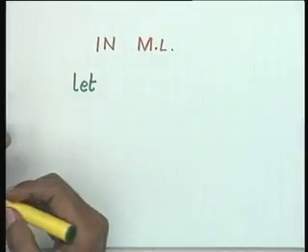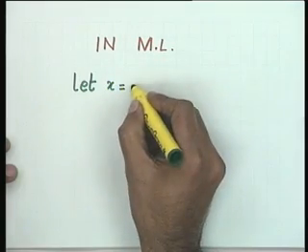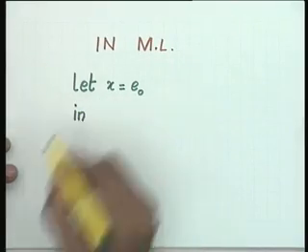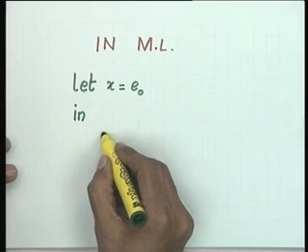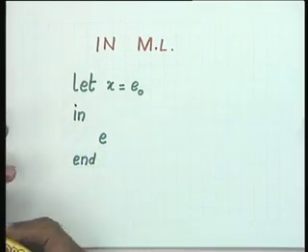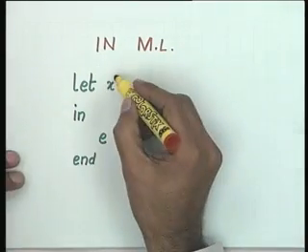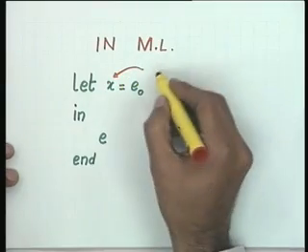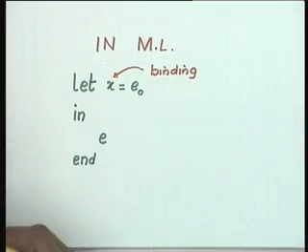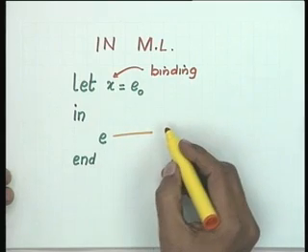So, let some name x equal some expression E naught in some other expression E end, where I will assume that this expression E actually uses this x. So, this is a binding occurrence of x, and any occurrences of this x inside E would all be applied occurrences.